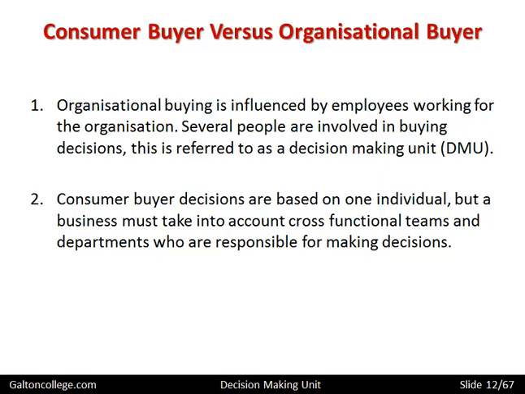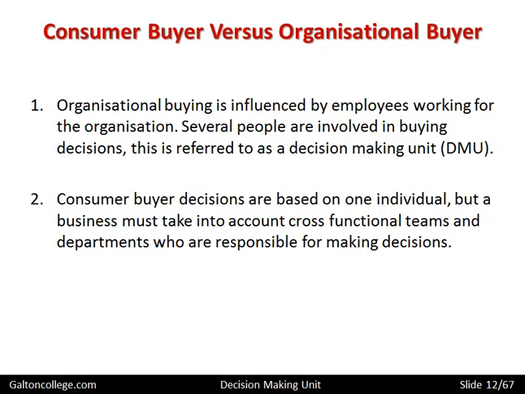Whereas consumers go to the shops and sometimes make decisions without any previous thought, just impulse buying, just go to the shop and purchase something. So the decision-making unit may be one person making a snap decision. But in business, it may be a committee who has researched the product, researched the market, researched the feasibility of the product, and so on and so on.